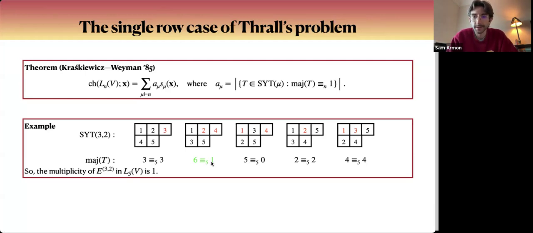I find that there's exactly one standard tableau of shape 3-2 whose major index is congruent to 1 mod 5. And that tells me that the multiplicity of the irreducible module indexed by the partition 3-2 in this 5th graded piece is just 1.